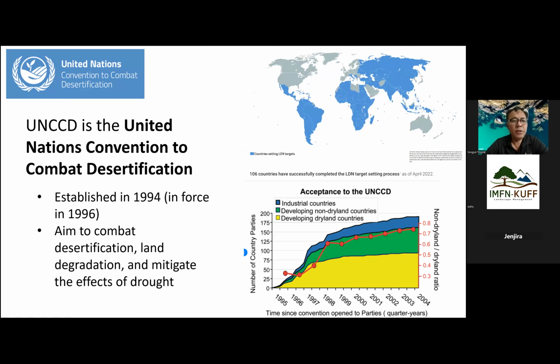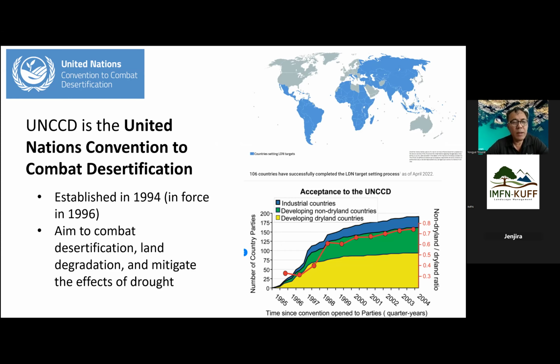At the international level, it is quite similar to biodiversity and climate change. They have an intergovernmental forum and a convention that is directly responsible for combating desertification. This is called the United Nations Convention to Combat Desertification, or UNCCD.